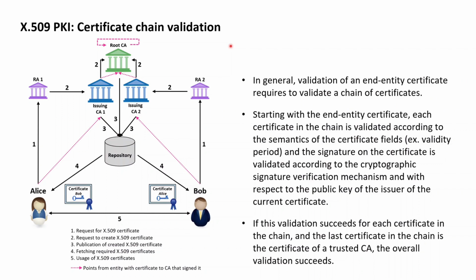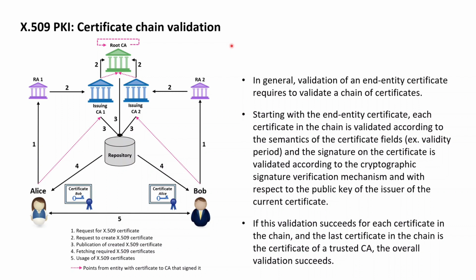The requirement that end entities now have to validate chains of certificates and not just single certificates before they can use the public keys contained in the certificate is the immediate consequence of the powerful transitive trust concept presented on the previous slide.